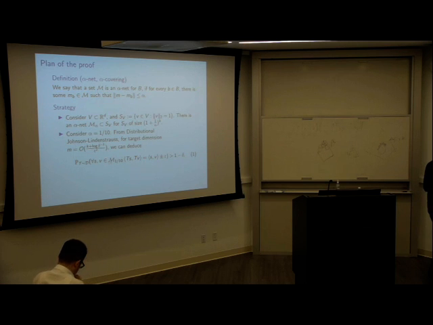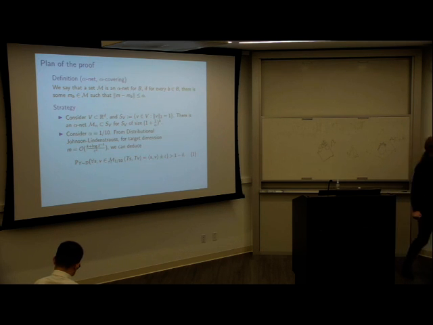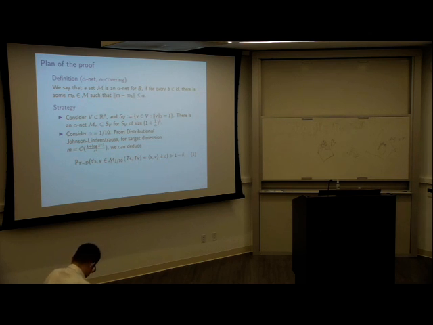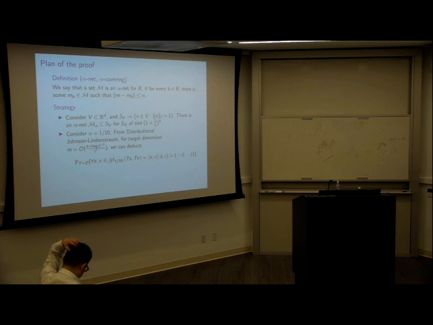So for every pair of vectors in my sphere, when I'm using a Johnson-Lindenstrauss matrix, with good probability, the inner product after sketching is the same as it was, plus or minus some epsilon. Now, all I need to do is to show this for some finite set of 2 to the k points. So I can hope to do a union bound. I can hope to do this using a Johnson-Lindenstrauss matrix with target dimension k over epsilon squared, for example.